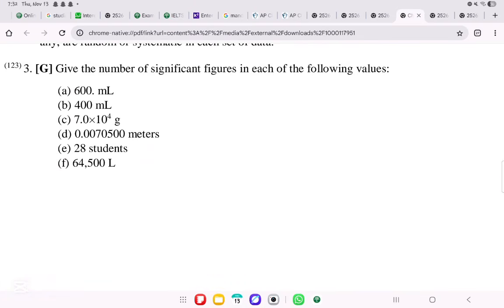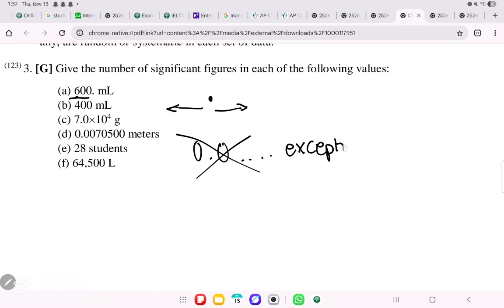Give the number of significant figures in each of the following values. We first start. Over here, we have 600, but we have a point. Whenever we have a point, any zeros before and any zeros after count, unless it's 0.00 something. This is the only exception, okay?